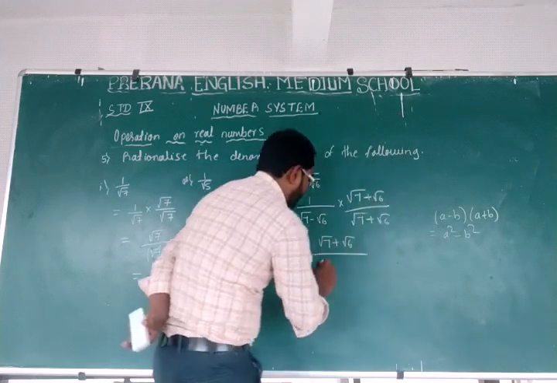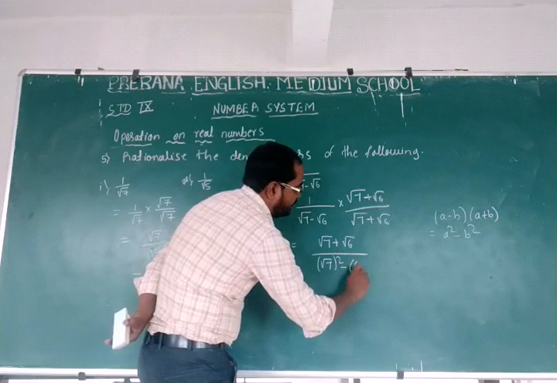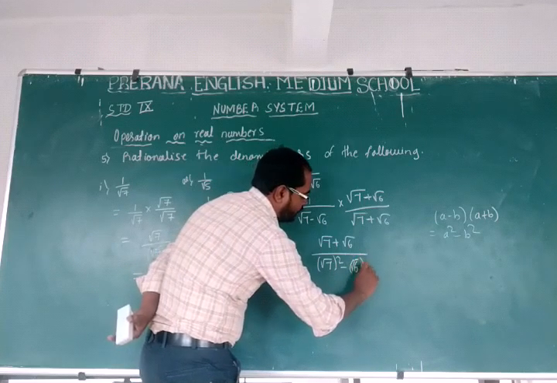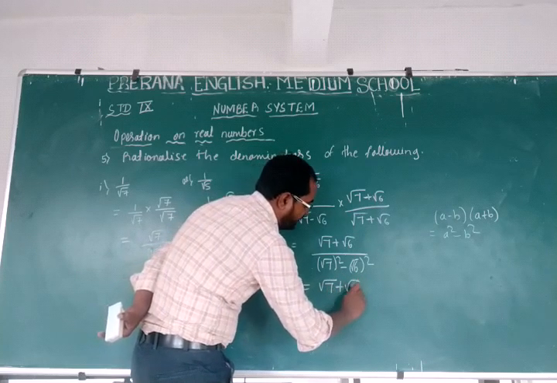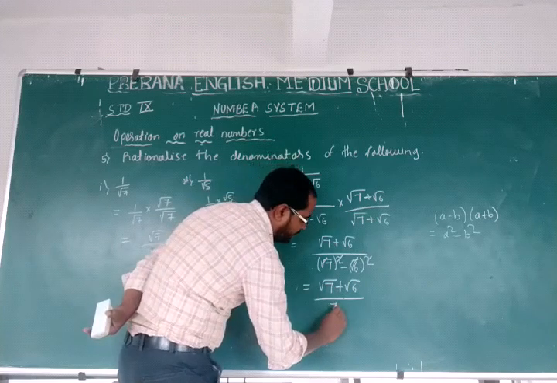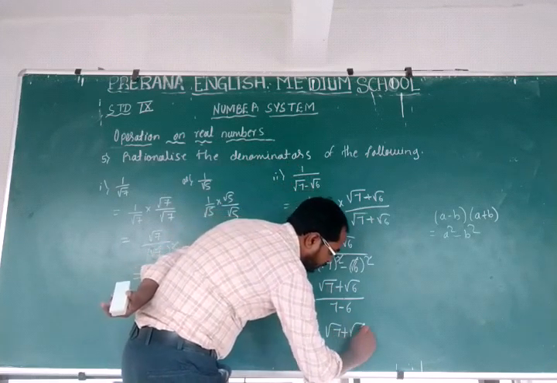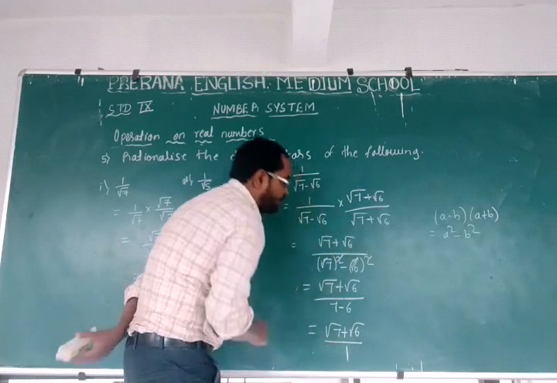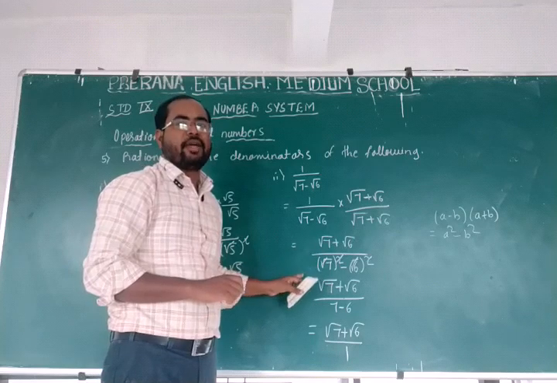That means it will become root 7 squared minus root 6 squared. Square and square root, both get cancelled, remains 7 minus 6. So that will be root 7 plus root 6 divided by 1. This is how you rationalize the denominator and simplify.